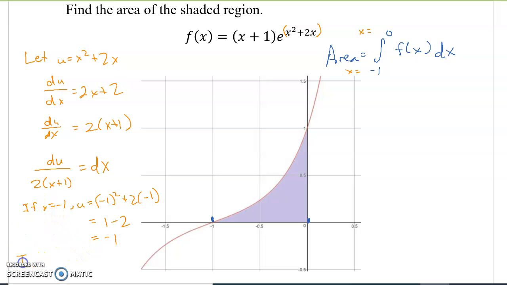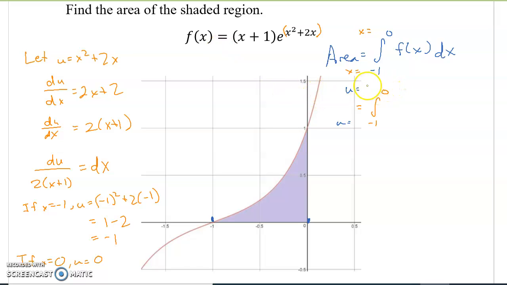And also, if x equals 0, then u equals 0. So in this particular case, oddly, we don't have to worry about changing the bounds of integration. These are now u values. It just so happens that they line up with the original x values.